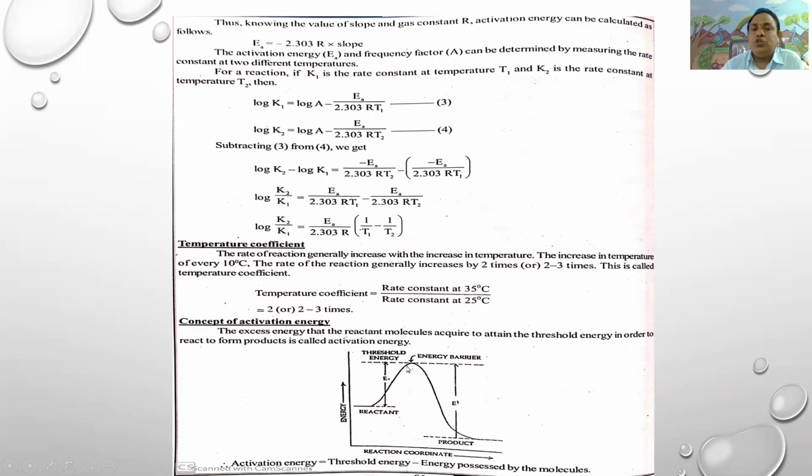After attaining threshold energy, the molecules collide with each other, lose the energy, and are converted into products. That means the activation energy equals threshold energy minus the average energy possessed by the molecule.